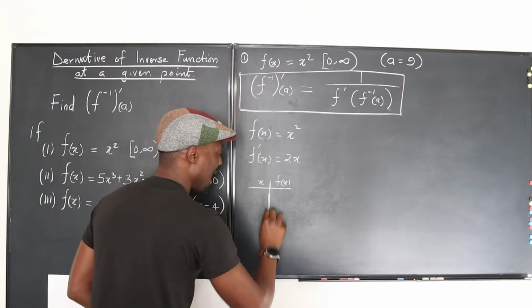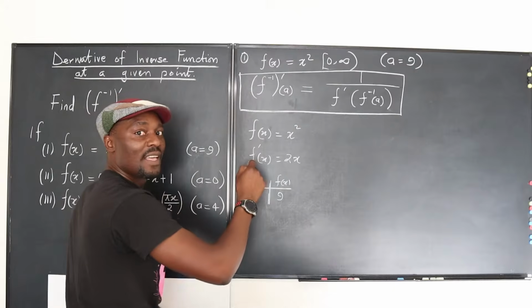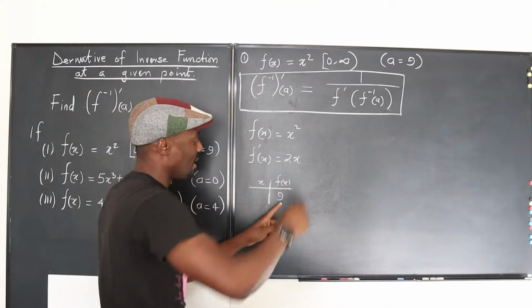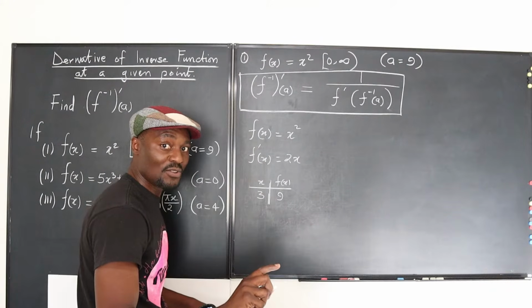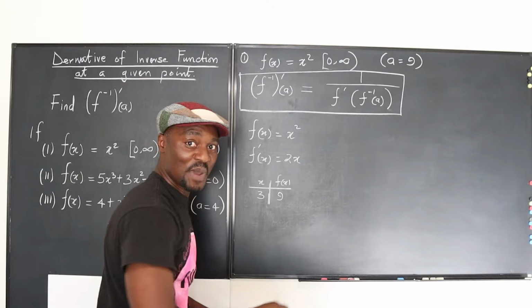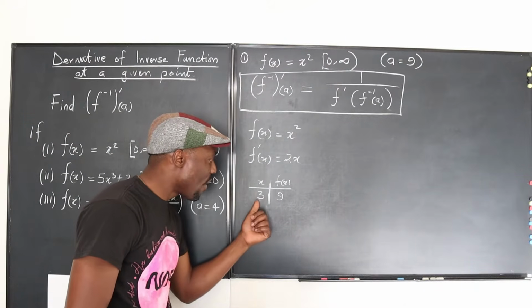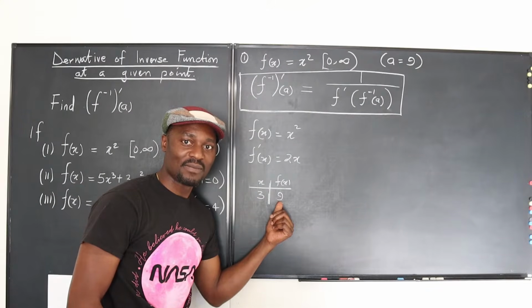I know my output will be 9 because that's what I'm going to feed into this function. That's my a. What would I put here so that when I put it in this function, x squared, I'm going to get 9? Well, it's going to be 3, not negative 3. Remember, we restricted the domain to all positives, so don't think of negative 3. You have one option.